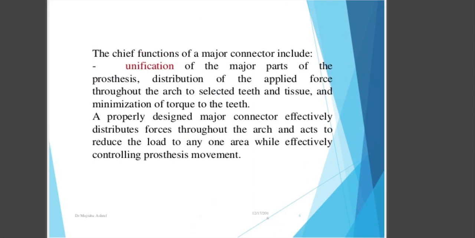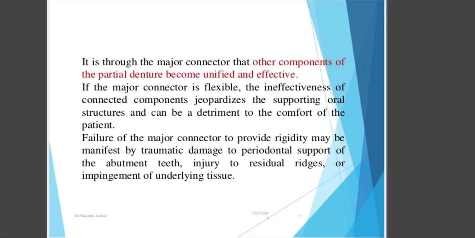A properly designed major connector effectively distributes the forces throughout the arches and reduces the load on any one area while effectively controlling prosthesis movement. It is through the major connector that the other components of the partial denture become unified and effective.